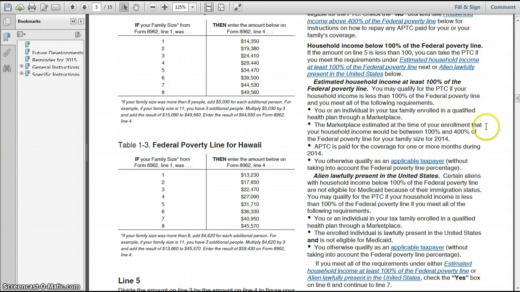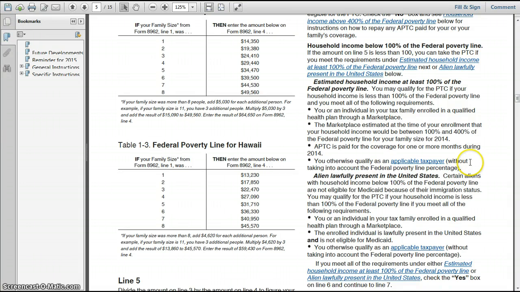At the time of enrollment, the marketplace estimated that the household income would fall between 100 and 400% of FPL, that the person received advance premium tax credit for at least 1 month during 14, and that they are a qualifying taxpayer otherwise.